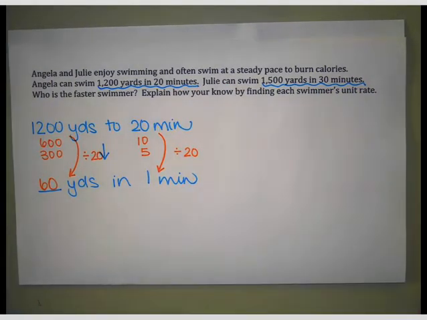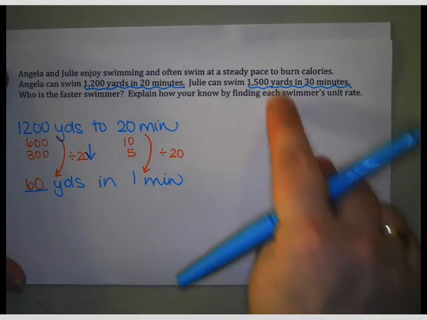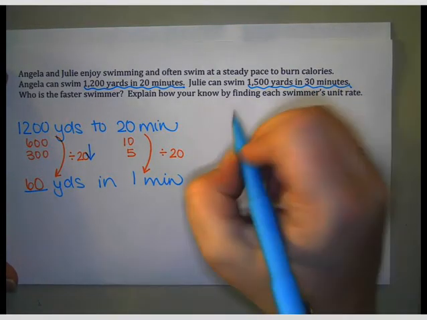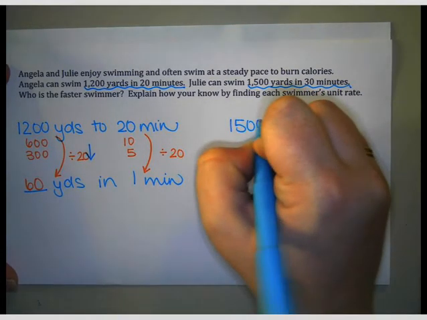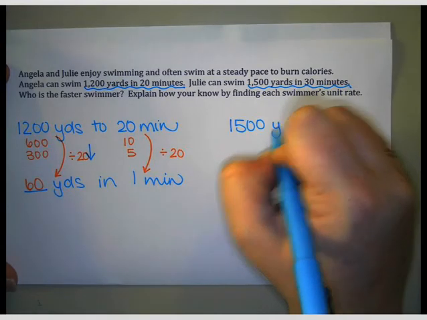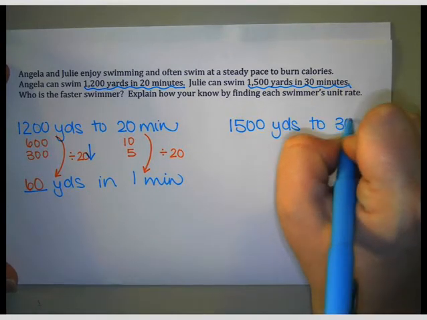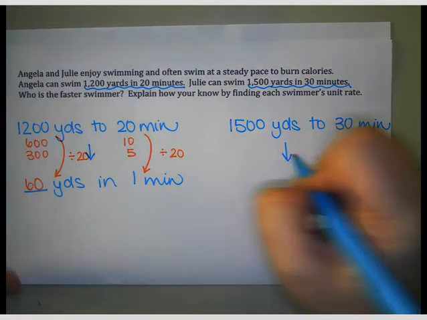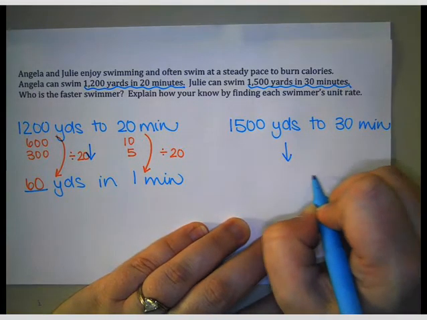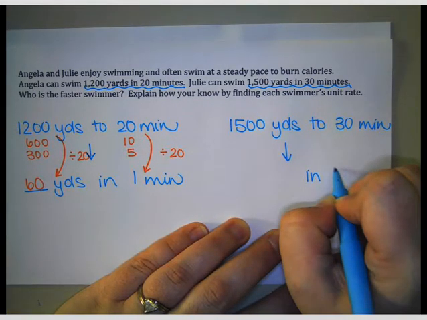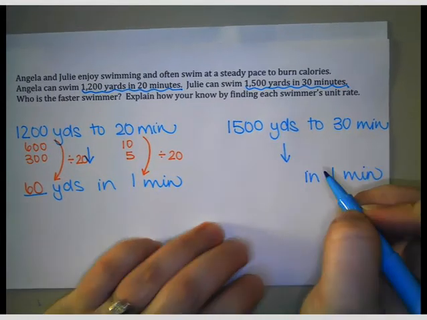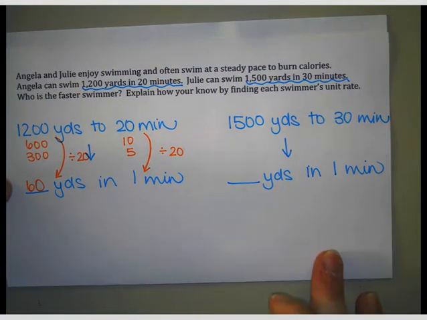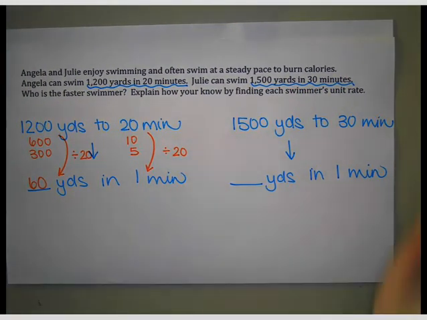Now we're going to go to Julie. Julie's rate is 1,500 yards in 30 minutes. That means her ratio is 1,500 yards to 30 minutes. I'm going to find an equivalent ratio. Specifically, I care about how many yards she can swim in 1 minute, because if I found her yards in 1 minute, I'd be able to compare it to Angela's rate and say who is faster.